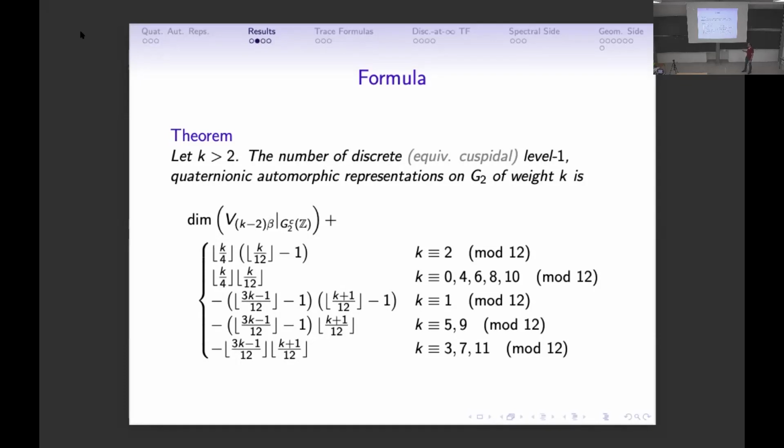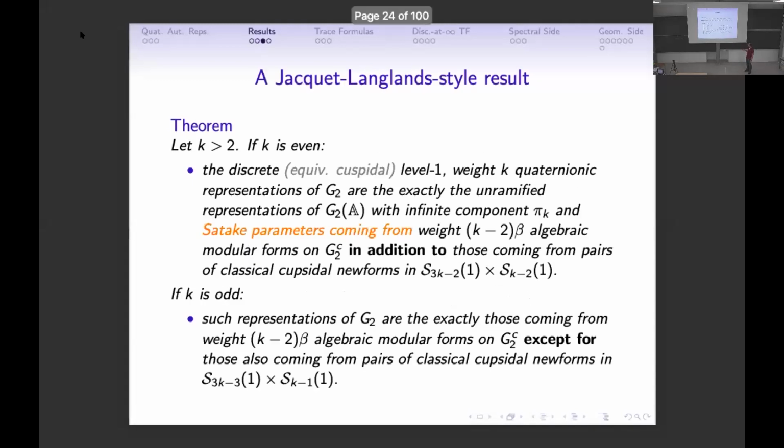So there's the algebraic modular forms part, and then there's this correction. And if you remember your very classical first learning about modular forms, these floors of fractions divided by 12 should look a little bit suspicious, because they look like dimension formulas for classical modular forms. And in fact, that's what's going on here. This correction term comes from classical modular forms.